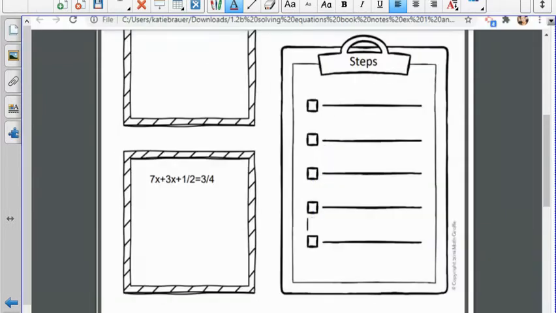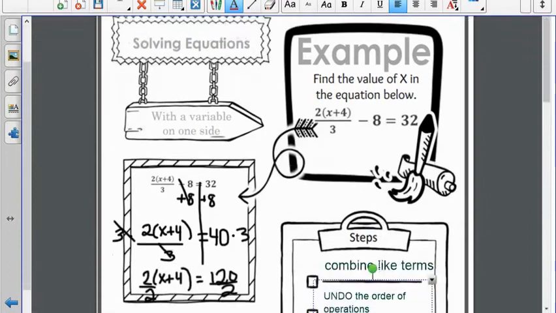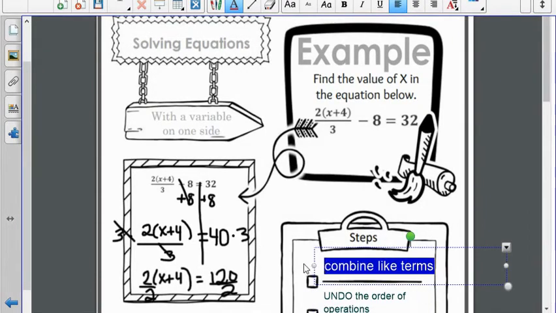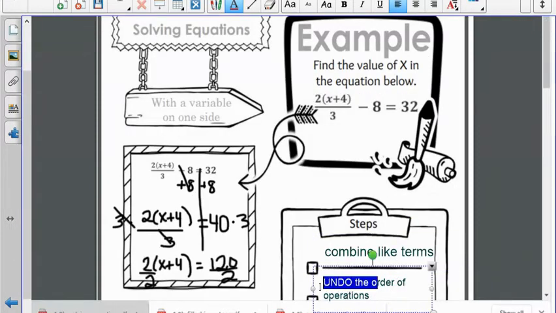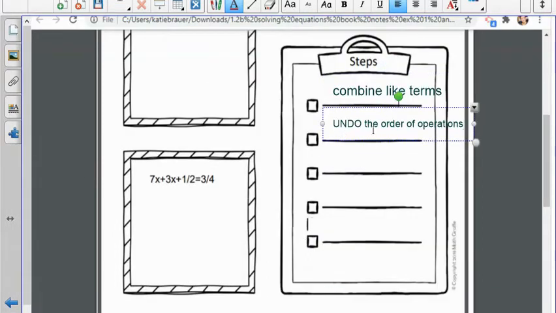Then the next step, so I'll copy these and paste them. This was number 1. Yes, you know what I'm going to say. Number 2. Number 3 is do addition and subtraction.